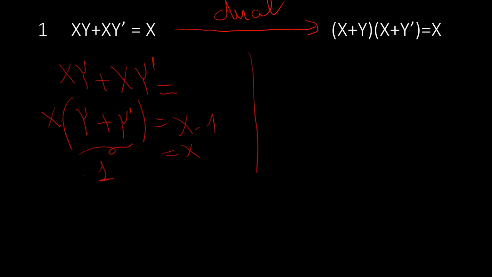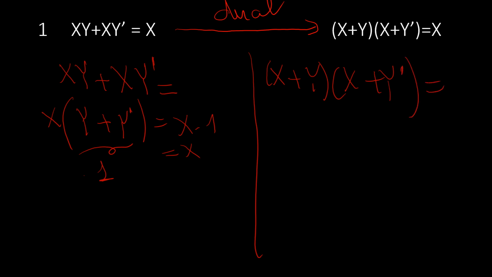What about the second part? In the second part, I have x or y ANDed with x or y prime, which we need to show is equal to x. So let's develop the expression, opening the parentheses to see what it gives. Very easy. When we open the parentheses, as we do in ordinary algebra, we just have to multiply out.